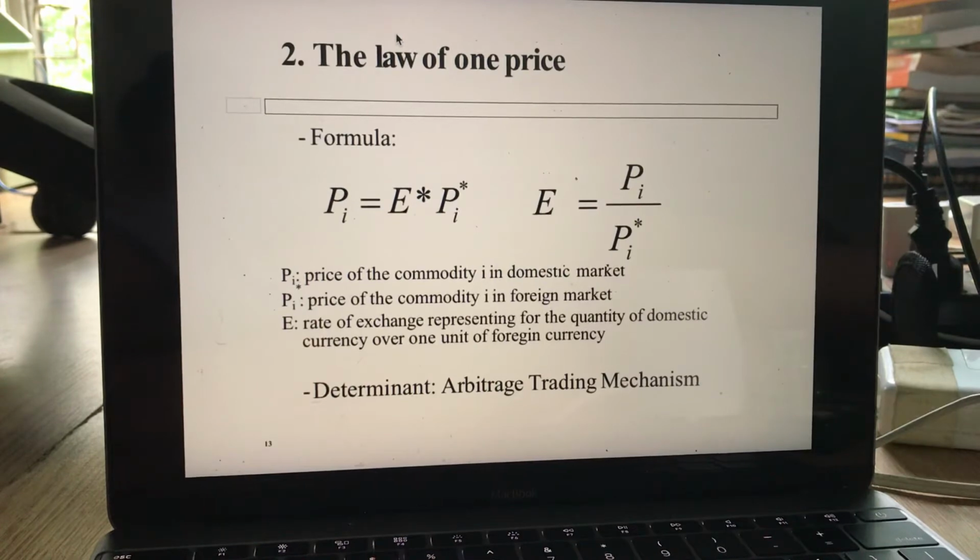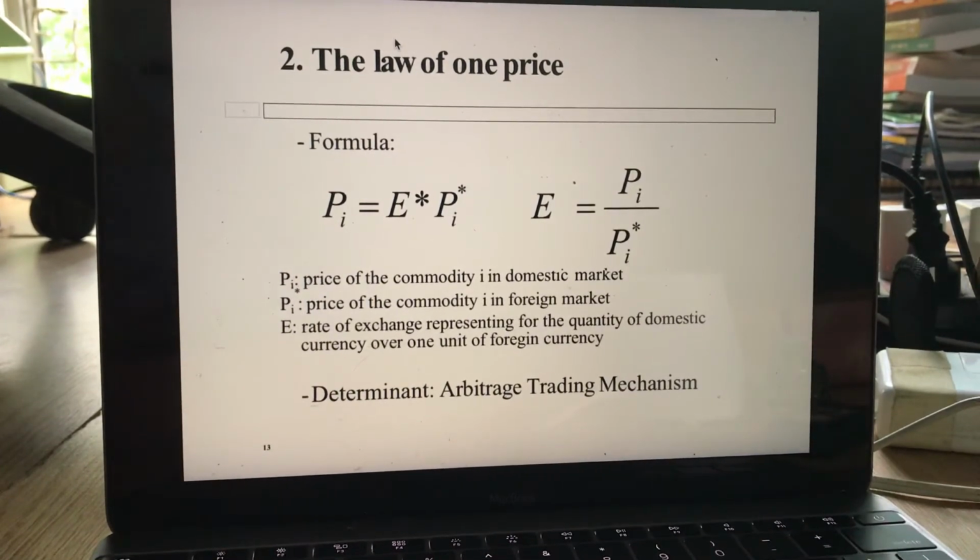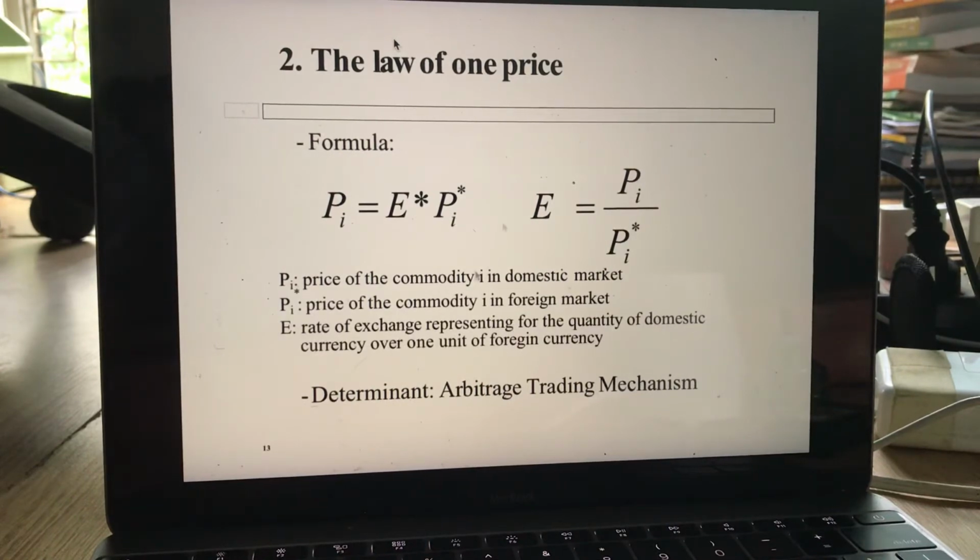The law of one price shows us the price of X good, the price of X commodity, are equal when denominated in the same currency.